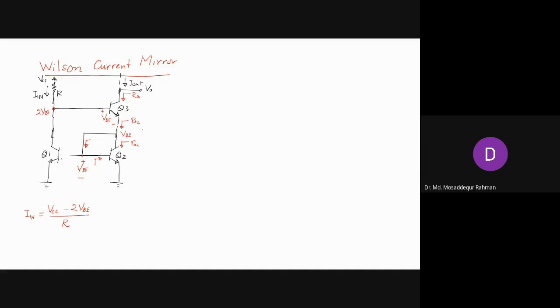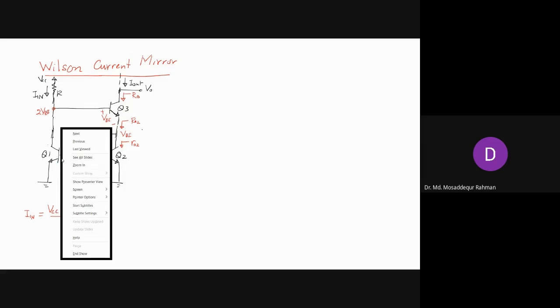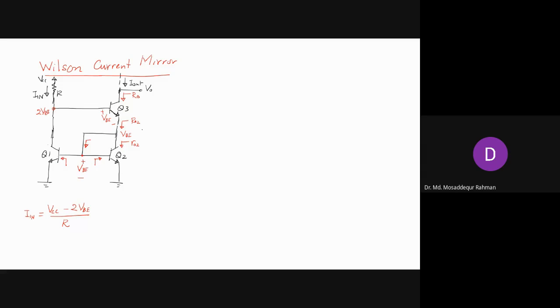So the resistance coming from each of the inputs of these bases is R pi here, and R pi here also. These two R pi have a common node, so they are basically in parallel, and their combination will give you R pi by 2. Is that clear?